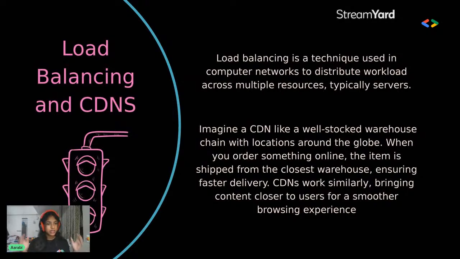CDN works in a very similar fashion, where you can have servers in a location that's close to where your most popular requests are coming from, and data can be cached so that you can get everything working much faster. This is quite useful when you're scaling websites, and for big websites. Geo restrictions is just restricting who can access what based on geographical location.